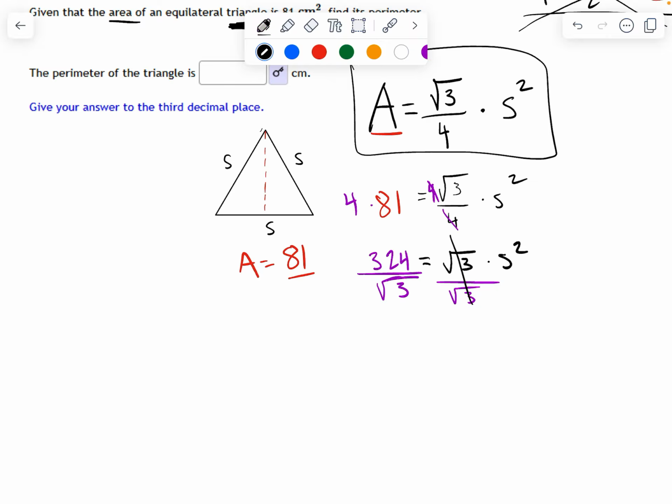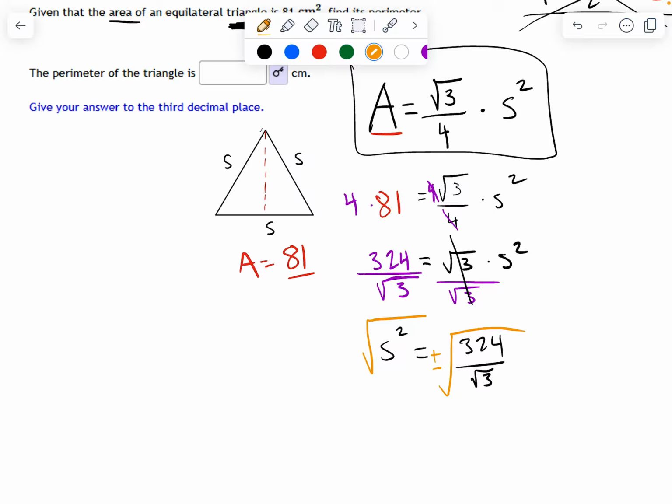All right, so those cancel, and we're left with the side of our equilateral triangle squared equals 324 over the square root of 3. Now, this is where it's going to look a little suspicious: now we undo squares with square roots. Remember, technically there's a plus or minus that appears, but we're talking geometry here, with actual side length.